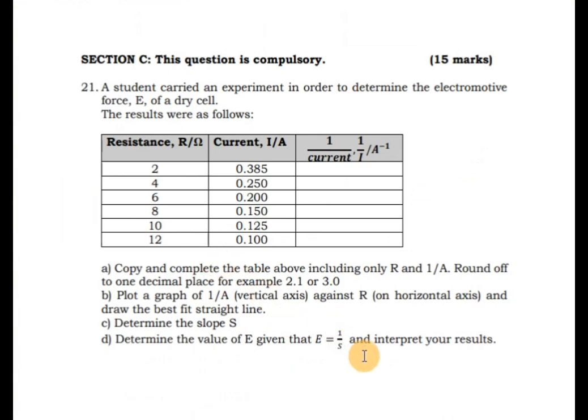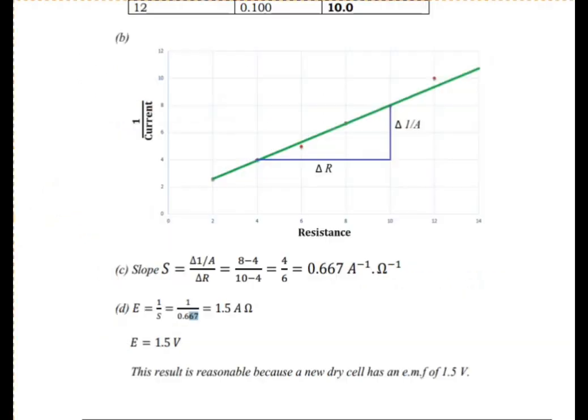Back to our question, they say interpret your results. As we have found, the result is 1.5 ampere ohm, but we know when you take ampere multiplied by ohm you get the voltage or EMF.